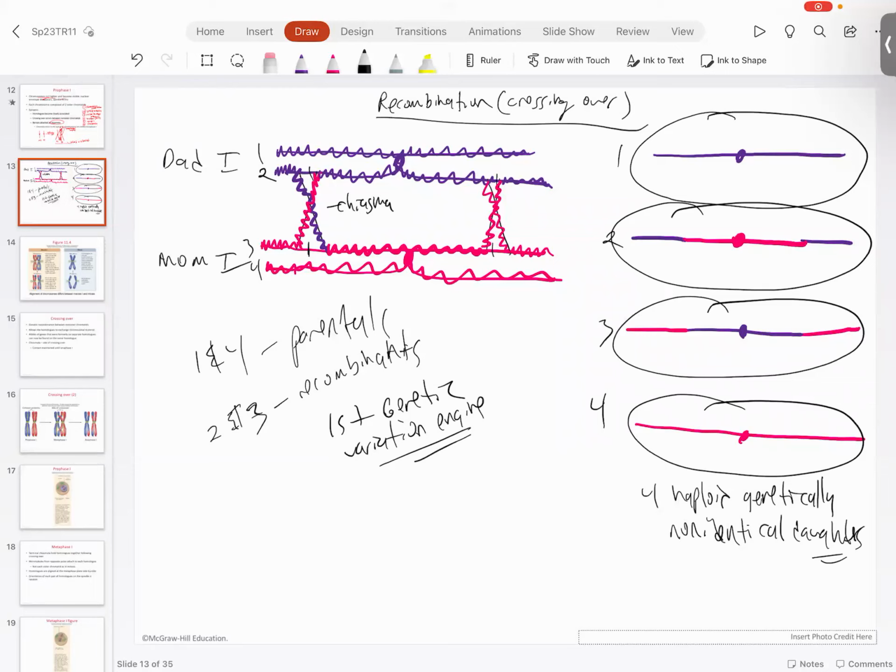By the way, let's take a look at this. Let's kind of make this a little bit more random. These guys right here, the crossover events, where they land, where those double strand breaks land, is random. So what is the likelihood of getting a crossover event exactly right here and right here twice?